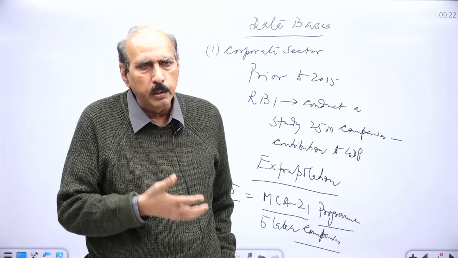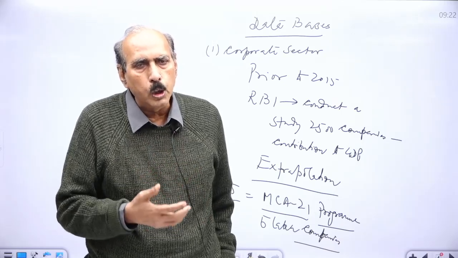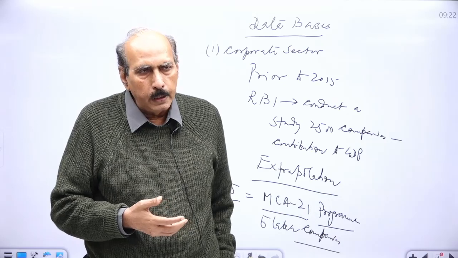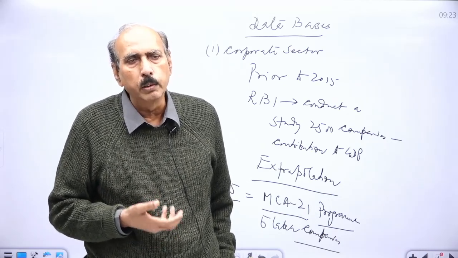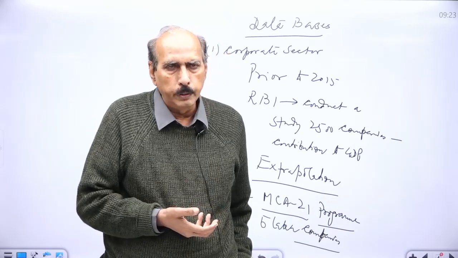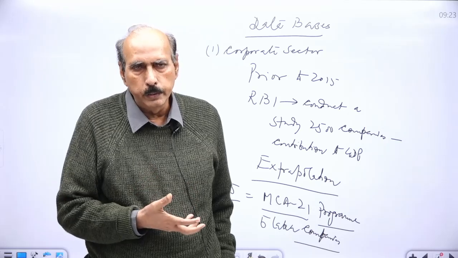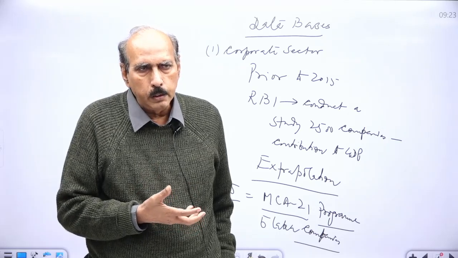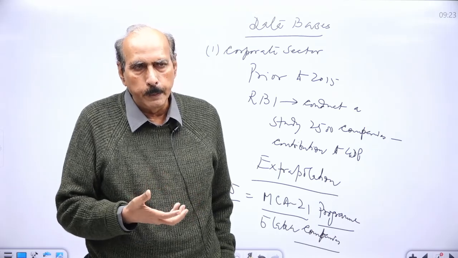Now in the revised methodology, we pick up all autonomous bodies and the local bodies which receive 60% of their funding as grant from the government. All local bodies and autonomous bodies receiving 60% grant from the government are incorporated in assessing their contribution to GDP.